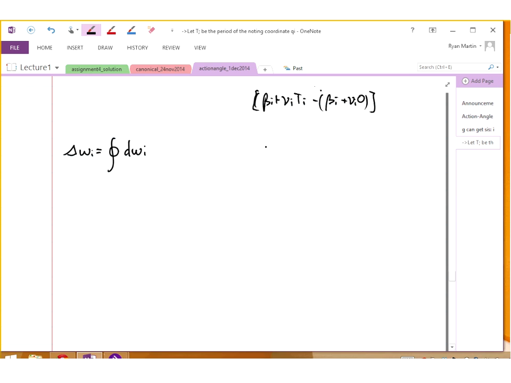So let's go ahead and evaluate that. So we have the integral, and the dWi I'm going to write as a sum over the j coordinates of dWi by dQj dQj. So I'm going to change this into an integral over the Qj.